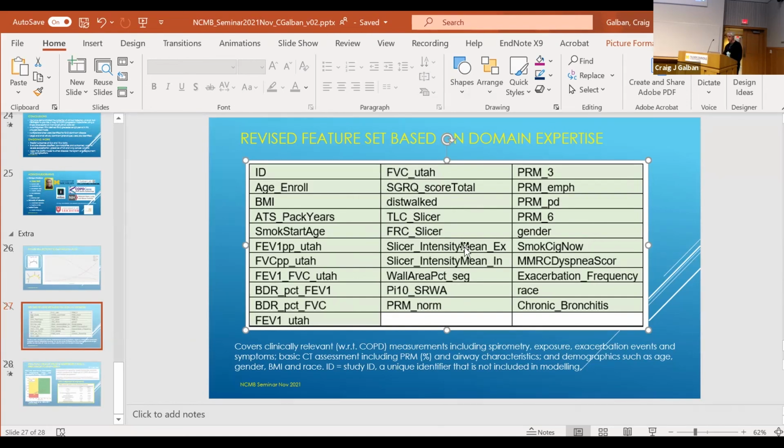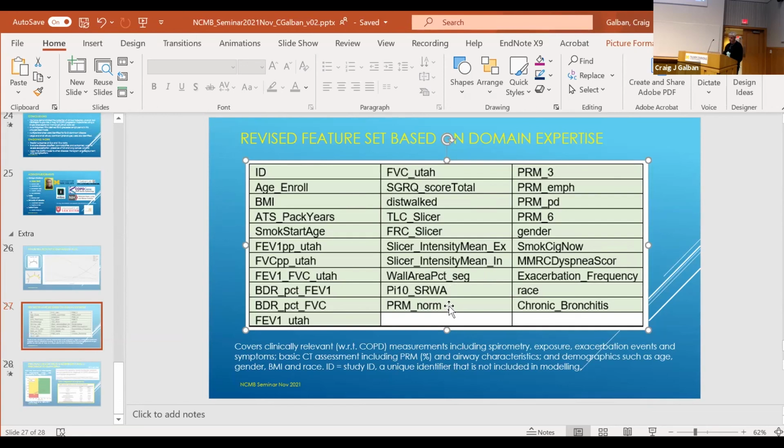These are mean densities of lung at inspiration and expiration. Wall area percent: we segment out the airway wall and measure the wall diameters and wall thickness. PI10 is inner perimeter at 10 millimeters. That's also an airway wall measurement.